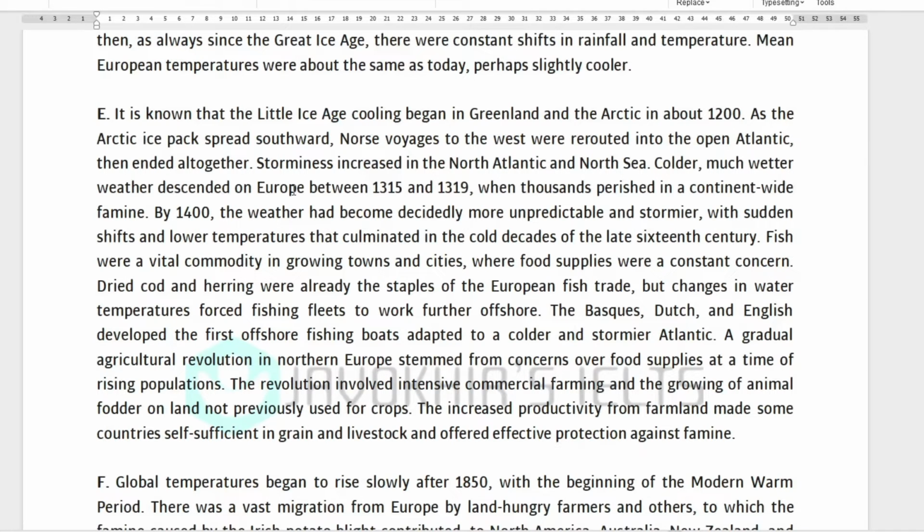Colder, much wetter weather descended on Europe between 1315 and 1319, when thousands perished in a continent-wide famine. By 1400, the weather had become decidedly more unpredictable and stormier, with sudden shifts and lower temperatures culminating in the cold decades of the late 16th century. Fish were a vital commodity.